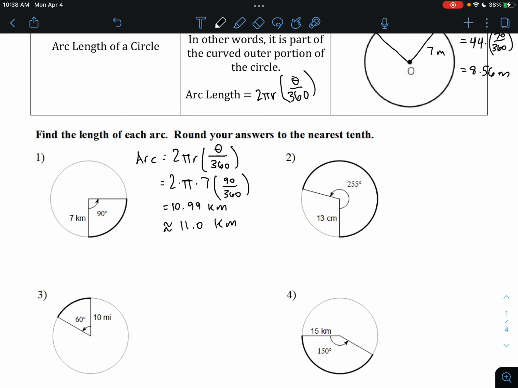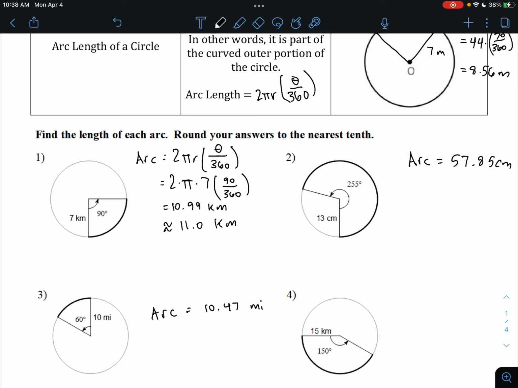So the arc of number 2 equals 57.85, which rounds to about 57.9. It's in centimeters. Number 3, the arc is about 10.47 miles, which rounds to about 10.5.